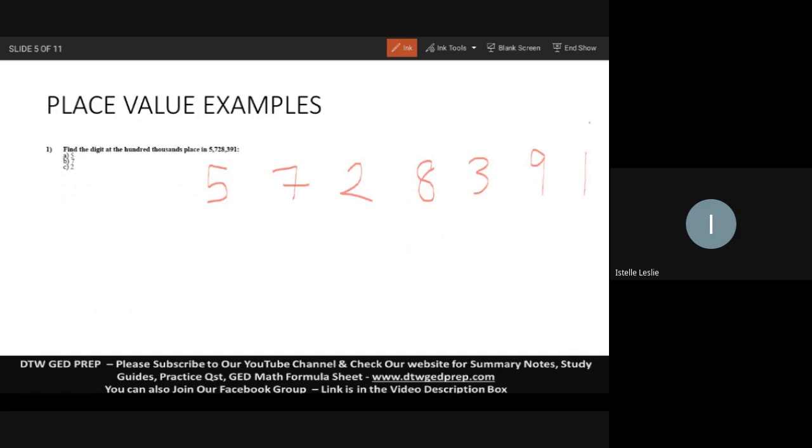So this is in the ones position, in the tens position, in the 100 position, 1,000 position, tens of thousand position, and then this is what? 100,000 position. So is this clear? Yes, Sierra, thank you. That's correct. So B is the correct answer. So is this clear?